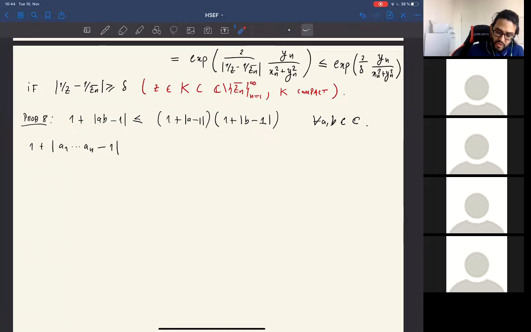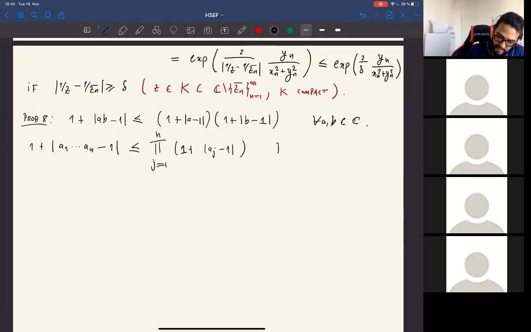So if you had ABC here, then you have a C here, then you could iterate this part one more time, and then you will split the B and the C. Okay, so it's easy to show by induction that this thing is less or equal than the product from j equals 1 to n of 1 plus the modulus of aj minus 1. Okay.